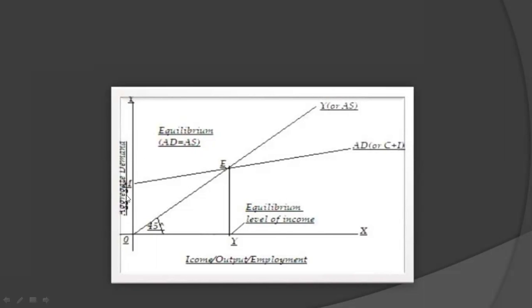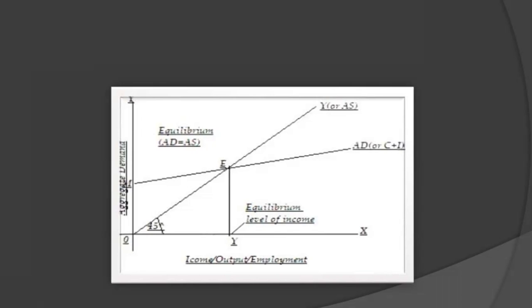Where AD and AS meet each other, that is the point E, and it is called the equilibrium point, where AD is equal to AS, and this is the equilibrium level of income. The 45-degree line is showing AS, and this is showing AD. So AS equals AD at the point that is called the equilibrium point.